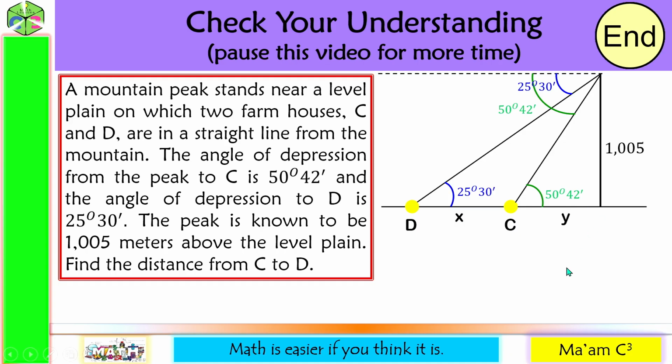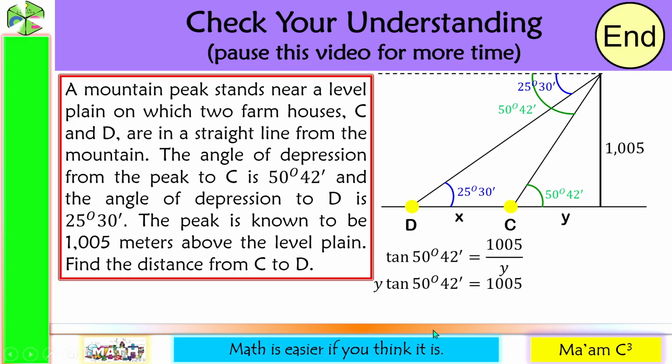Let us start. I'm going to use first the angle 50 degrees 42 minutes. In reference to this angle, this side is the opposite, while this one is the adjacent. Opposite, adjacent, it means I'm going to make use of tangent. Tangent 50 degrees 42 minutes is equal to 1,005 divided by y. Cross multiplication.